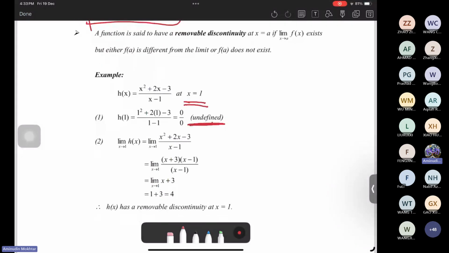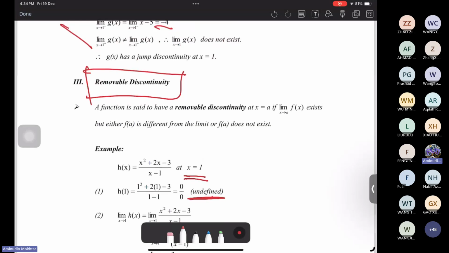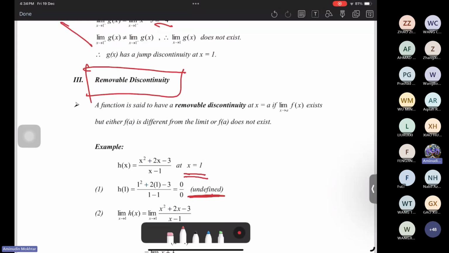The right-hand limit equals the left-hand limit, but the value of y is not defined at x equals 1. So we can conclude the function is discontinuous at x equals 1, but the type of discontinuity is removable discontinuity.